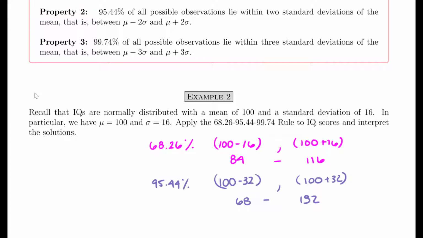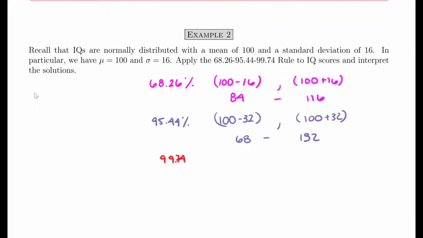And then the last one is 99.74%, which would be 100 minus 48, 3 standard deviations, and then 100 plus 48, we would get 52 to 148. So the interpretation on that one is that 99.74% of the population would be expected to have an IQ between 52 and 148.